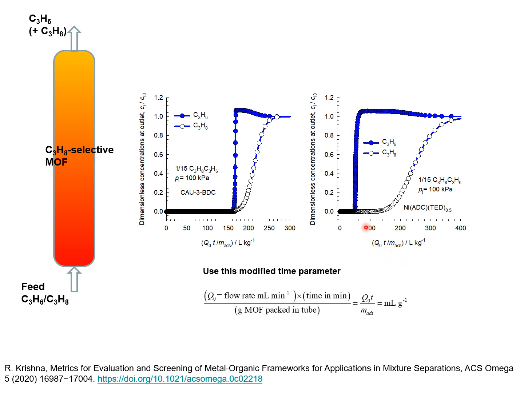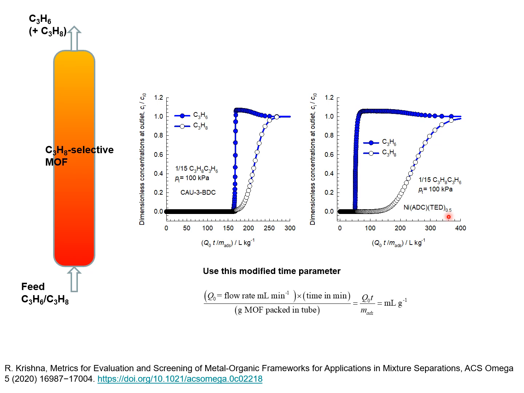It is clear, even visually, that there is a significantly larger gap between the breakthroughs of propane and propene, and this would result in a significantly higher productivity of purified propylene using Ni-ADC-TED 0.5.